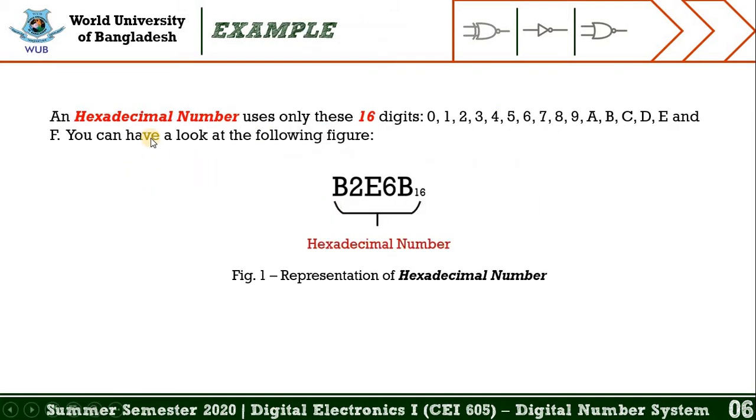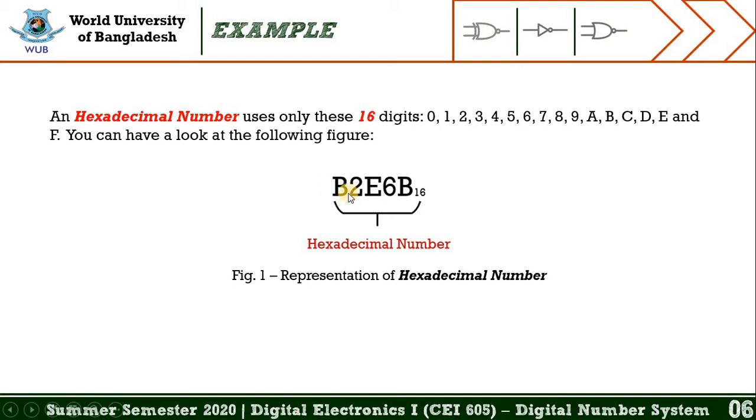From this slide, we may learn about an example of a hexadecimal number. So let's begin. I repeat again, a hexadecimal number uses only the 16 digits: 0, 1, 2, 3, 4, 5, 6, 7, 8, 9, A, B, C, D, E, and F. You can have a look at the following figure.